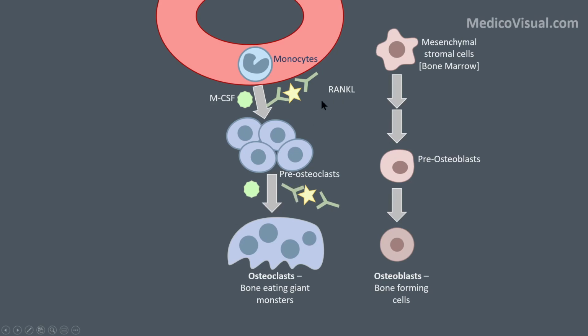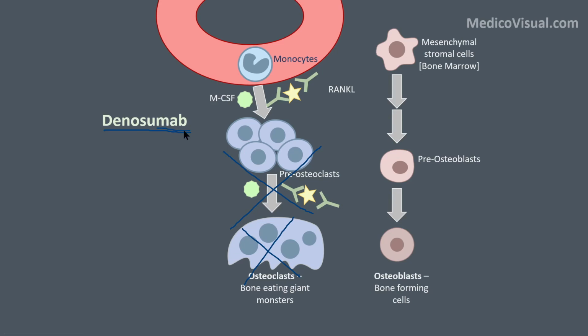This monoclonal antibody will destroy this RANK ligand, and because of this RANK ligand will not bind with the RANK receptor on monocytes as well as pre-osteoclast, and thus it will decrease the formation of osteoclast. It will decrease this process, and thus it will prevent excessive resorption of bone as occurs in this disease. The name of this monoclonal antibody is denosumab.